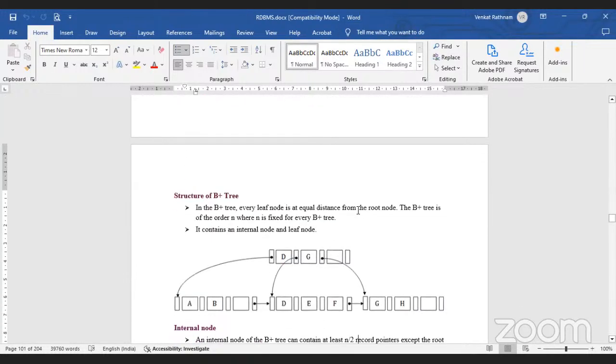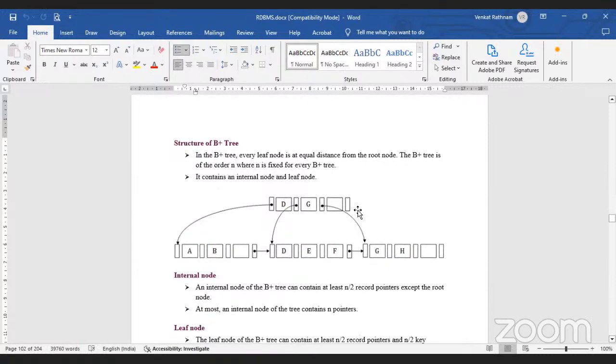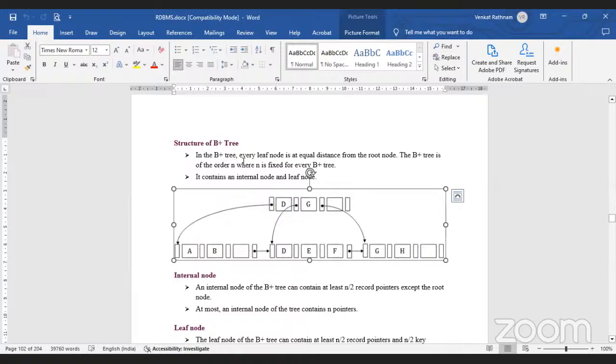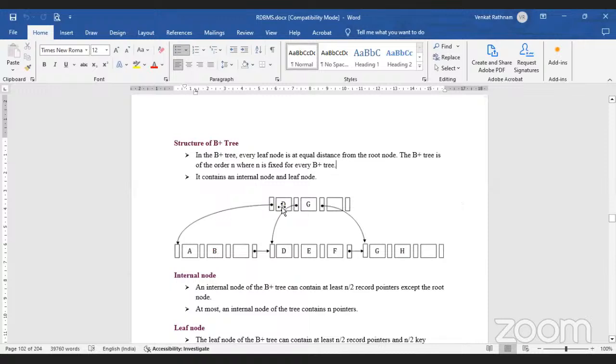Now we will see the structure of the B plus tree. This is the structure of the B plus tree. In the B plus tree, every leaf node is at an equal distance from the root node. The B plus tree is of order n, and n is fixed for every B plus tree. See here, D and G are the root nodes, and A, B, C, D, E, F, G, H are the leaf nodes.